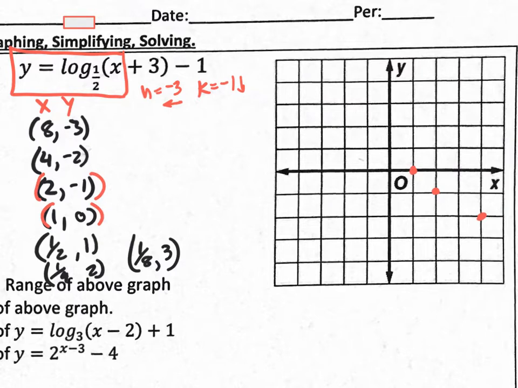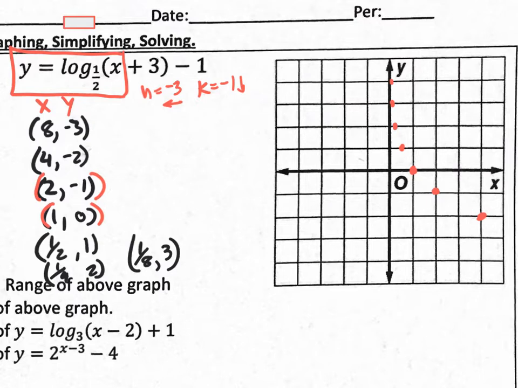Then 1/2 on the x, up 1. Halfway up 1 is right here. Then 1/4 on the x, up 2, which means it's even closer to the y-axis. It's half of the half, half of the half. It keeps getting closer infinitely to this vertical asymptote at x equals 0.